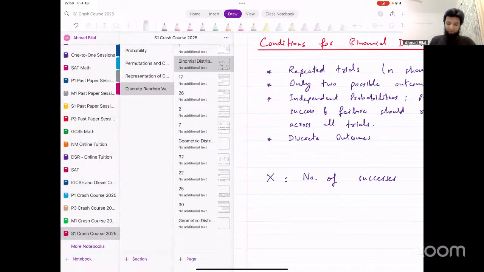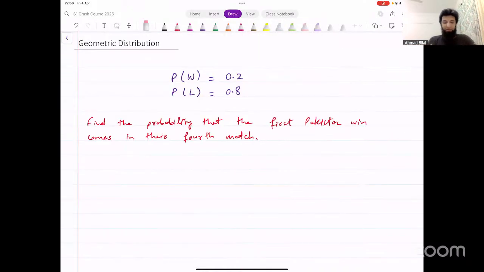Now, what is geometric? Let's try to understand that using this example. I'm sure some of you must be cricket fans, and you might not be anymore after the last year or two, what's been happening to the Pakistan team.